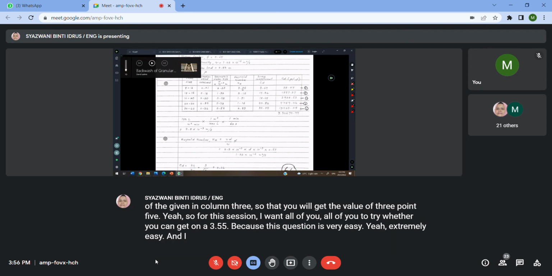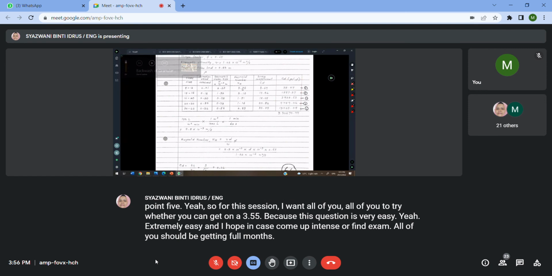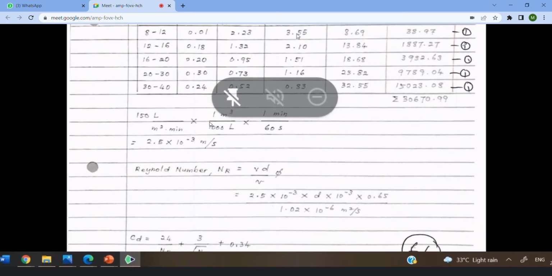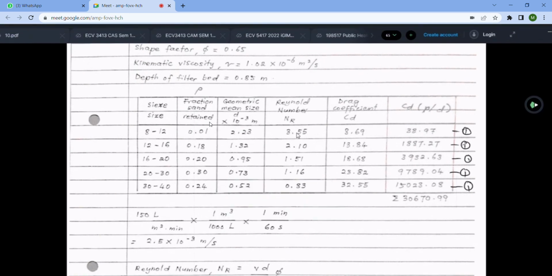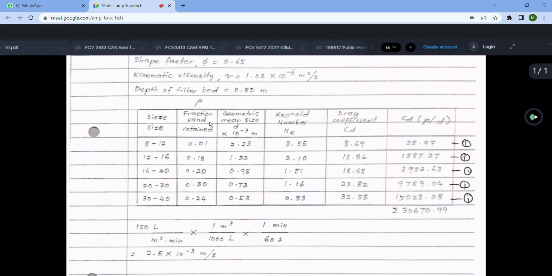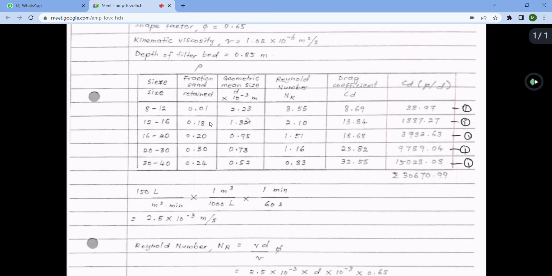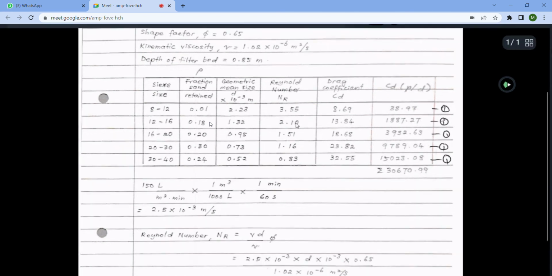I hope in case it comes out in the test or final exam, all of you will get full marks. It's longer but very easy to get full marks. So now try using this equation, substitute the value of the diameter given here, and check whether you can get 3.55. Do it now, 5 minutes.